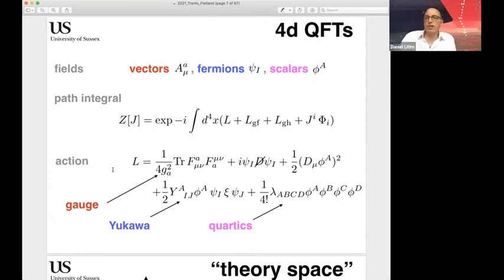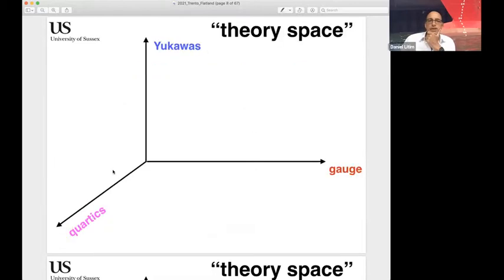Now, what you don't see on this slide are mass terms or higher dimensional operators. The reason for that is that these are not going to play any significant role for the existence of fixed points or otherwise at weak coupling. So we can safely drop them here and focus the analysis on these classes of theories.